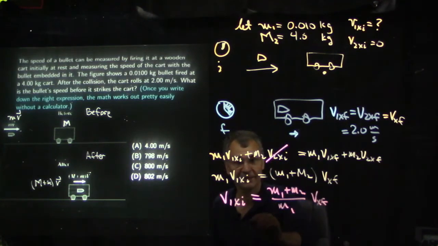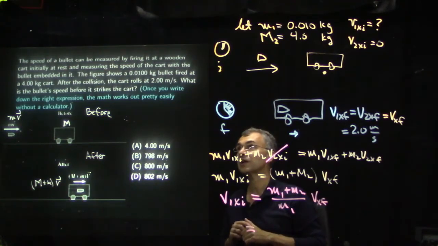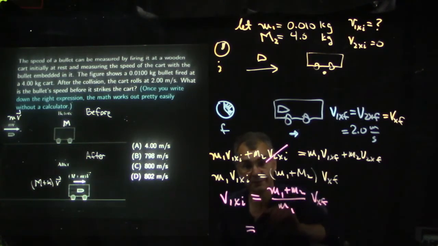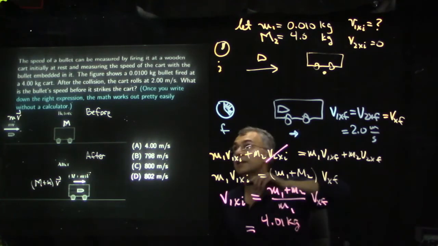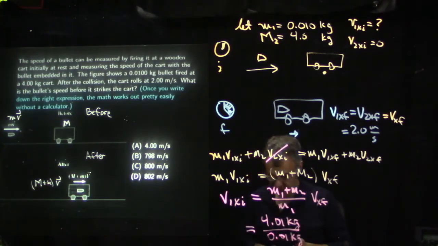And that is, so m1 plus m2 is going to be 4.01 kilograms. And m1 is 0.01 kilograms.